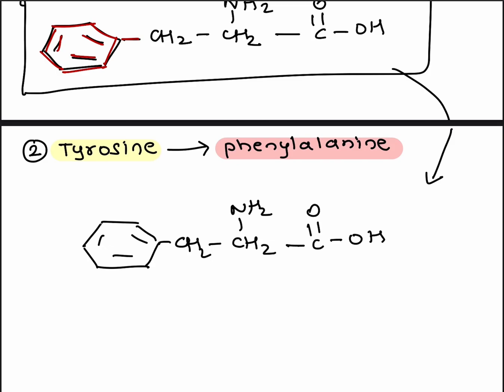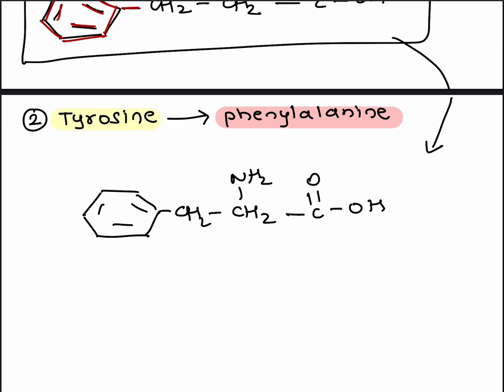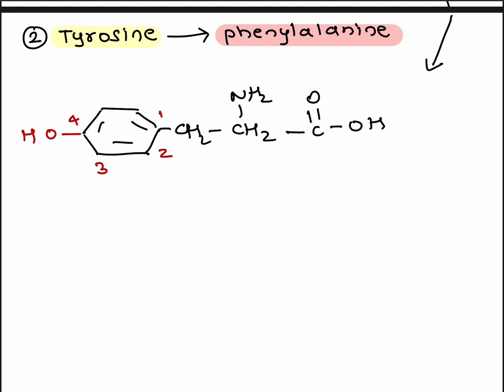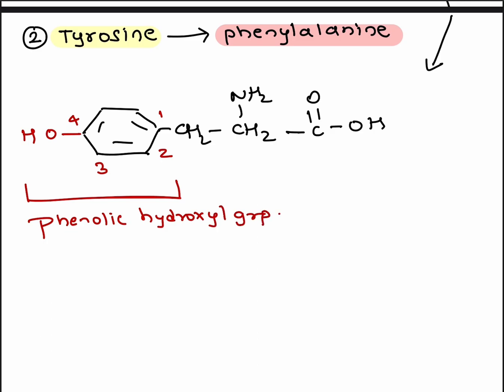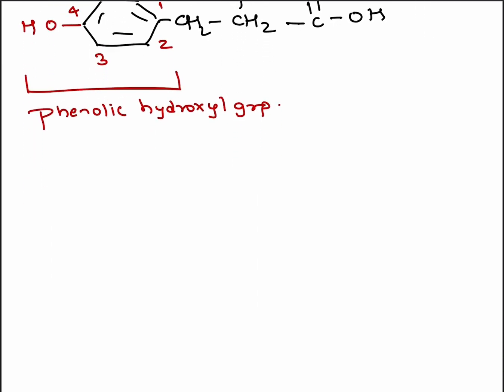What we have to do is just add an OH at the para position to this. What we call it is a phenolic hydroxyl group. So I hope these two amino acids are clear.